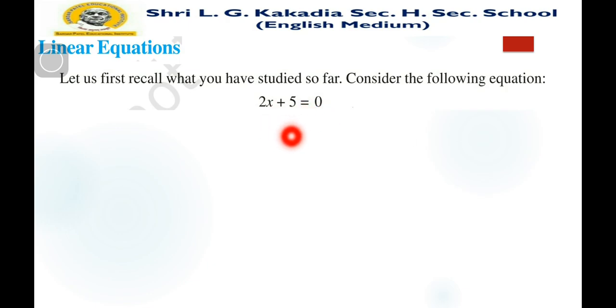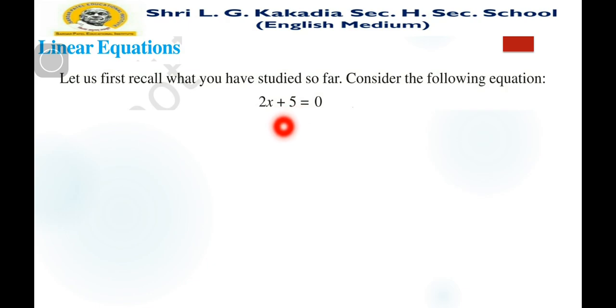Here you can see two terms, 2x plus 5 and 0. Then we put the sign of equal between both the terms, then it becomes an equation.